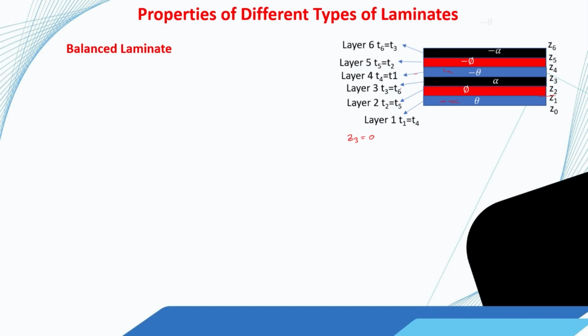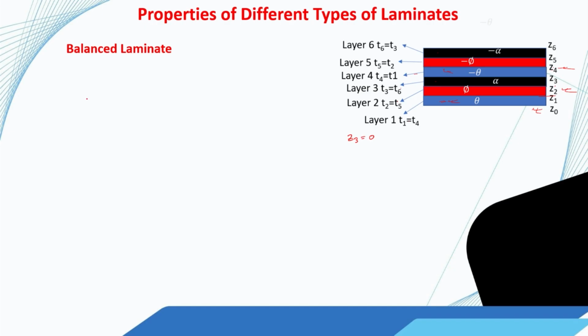Similarly, Z1 is equal to minus T3 minus T2, and the last one is minus T3 minus T2 minus T1. But here we cannot say that Z2 and Z4 have to be the same with negative sign, because the plies are not stacked in that way. So, Z2 can have a value other than the negative of Z4, unlike the previous case.